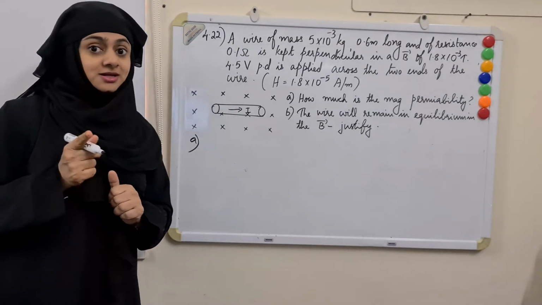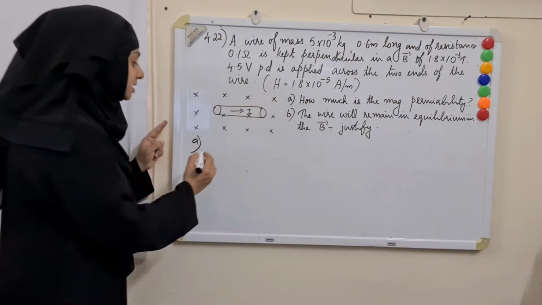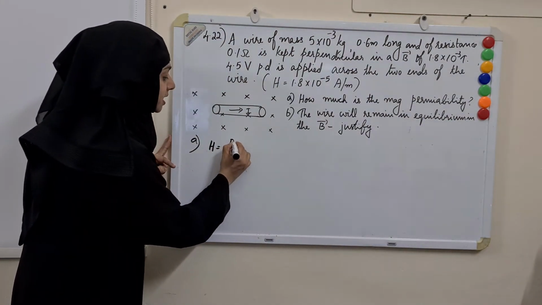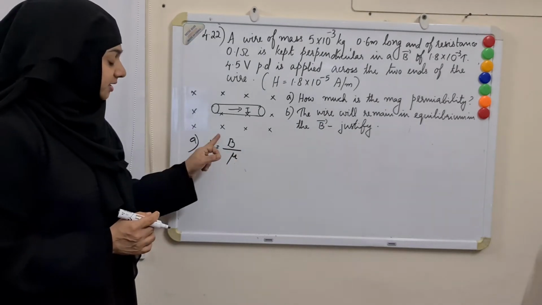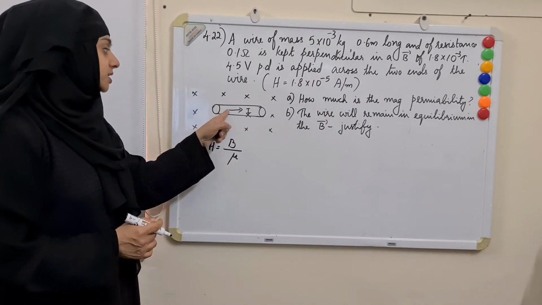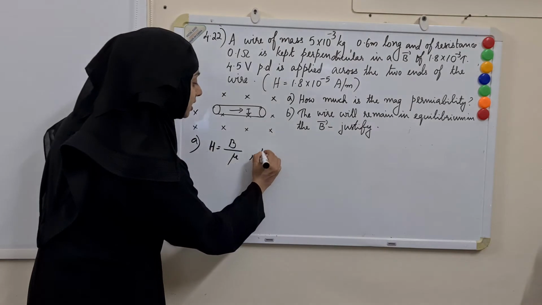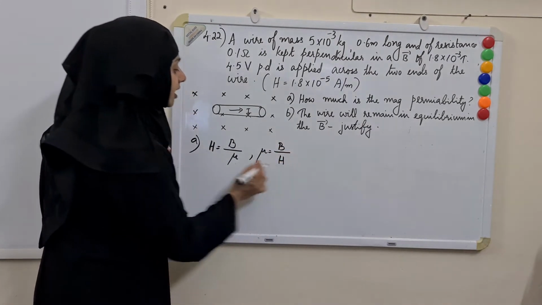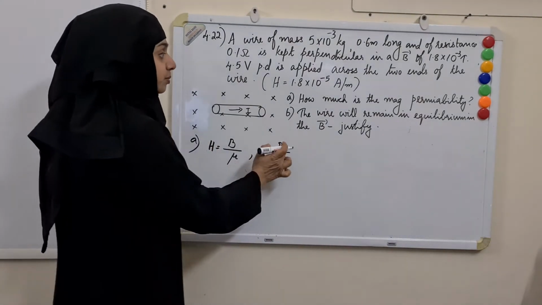So A part of the question, how much is the magnetic permeability? We have learned equation, magnetic intensity H is equal to B by mu, right? Magnetic field divided by magnetic permeability. So inside the material, the magnetic permeability mu will be equal to B by H. I have taken mu to the side and H down. So B is given.